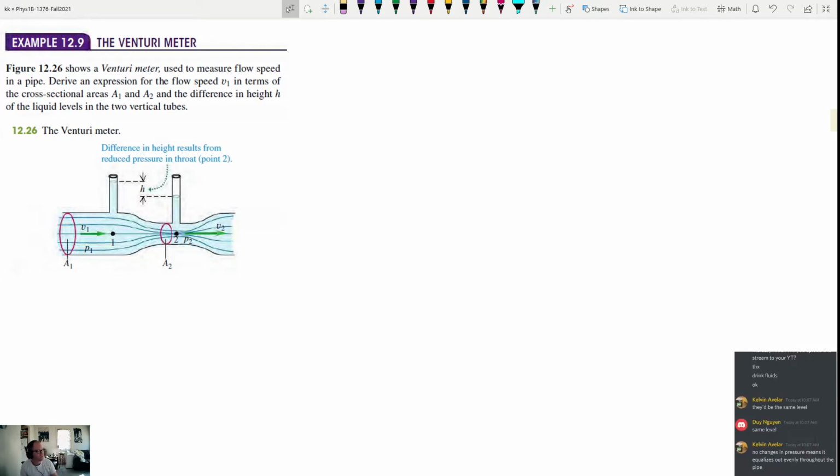No changes in pressure means it equalizes out evenly throughout the pipe. Yeah, I think that's right. Water always tends to find this balance, no matter what the shape of the object you're looking at is. Again, I can show you when we go to campus, but no matter how this object is shaped, if the water's not flowing, then there has to be a balance.